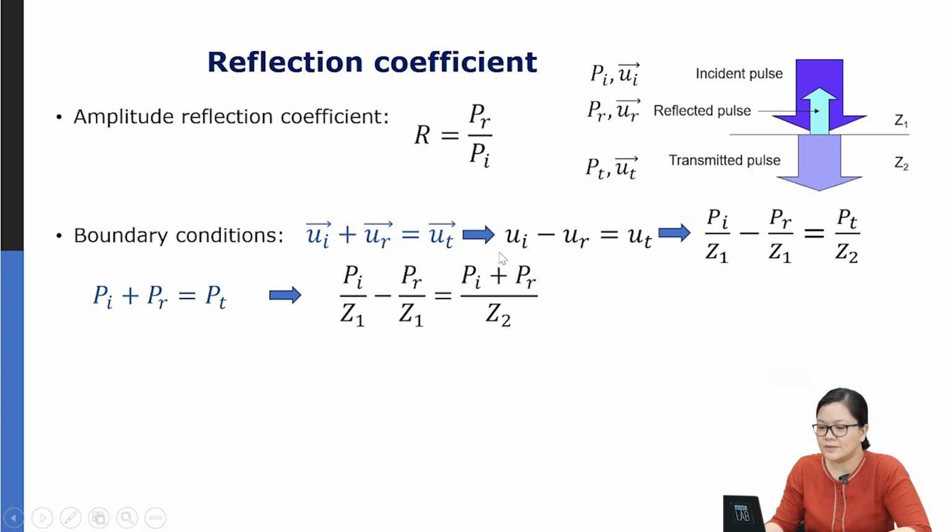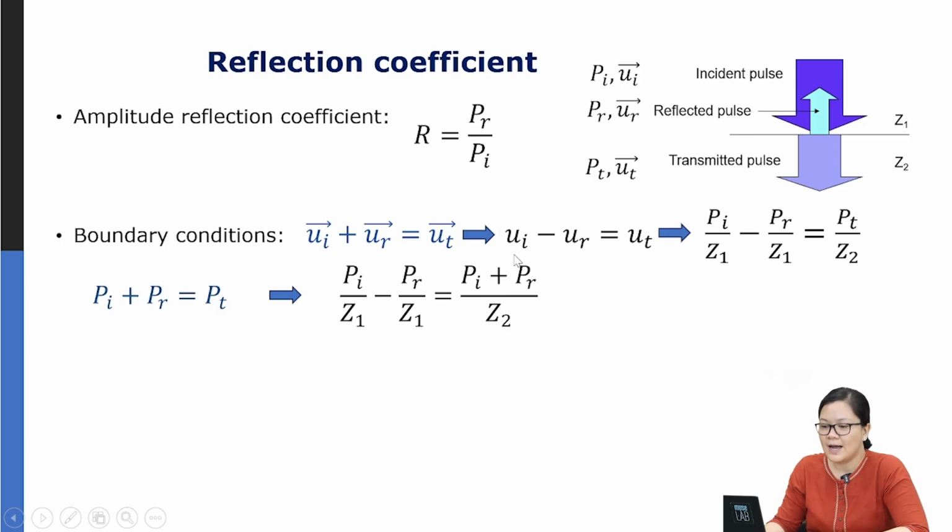So the particle velocity equations here will then be converted into their scalar form here. And this negative is because of the reflected pulse traveling in the backward direction relative to the incident pulse here.